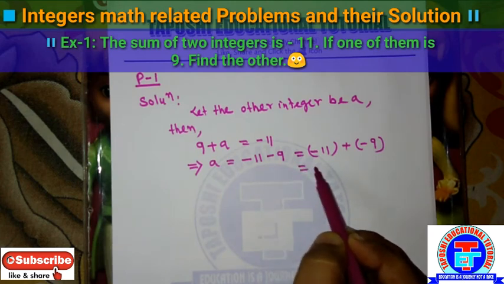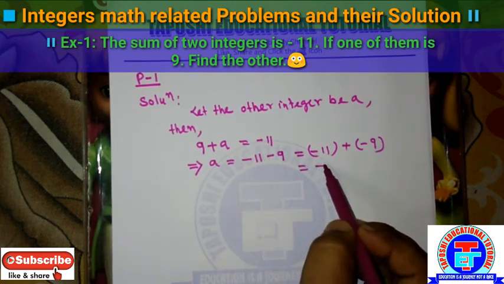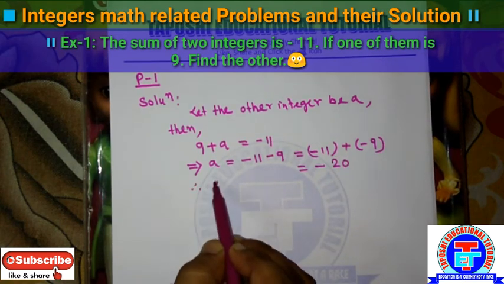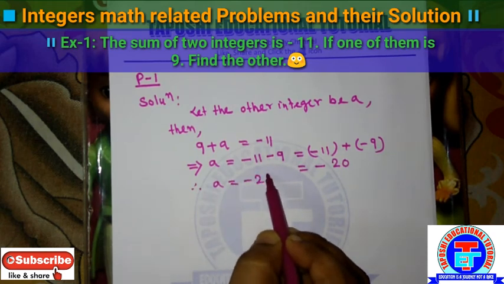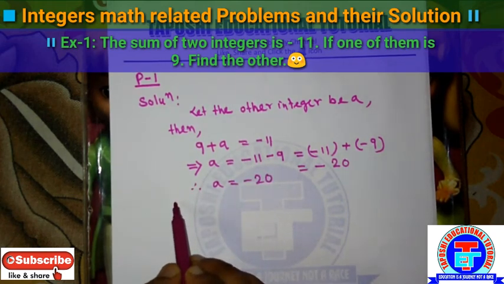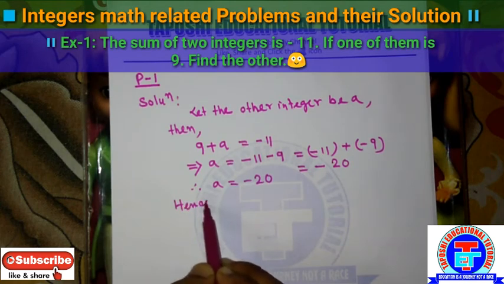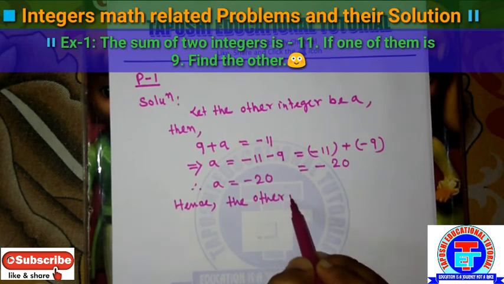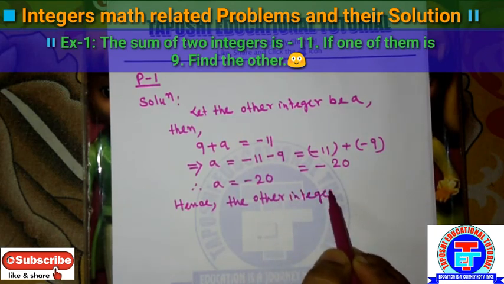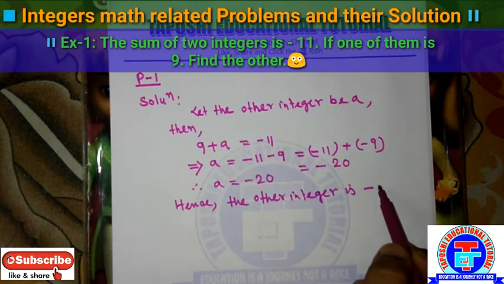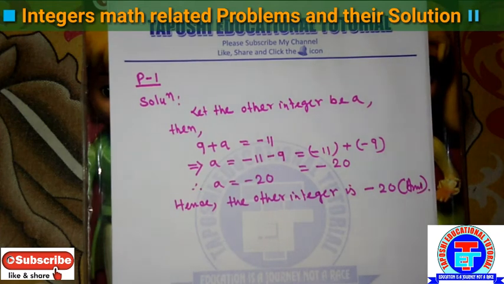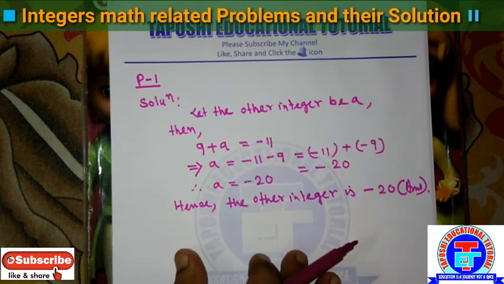So it will become minus 20. So therefore a is equal to minus 20. Hence the other integer is minus 20. This is the answer. Right, student? I hope this math you understand very well.